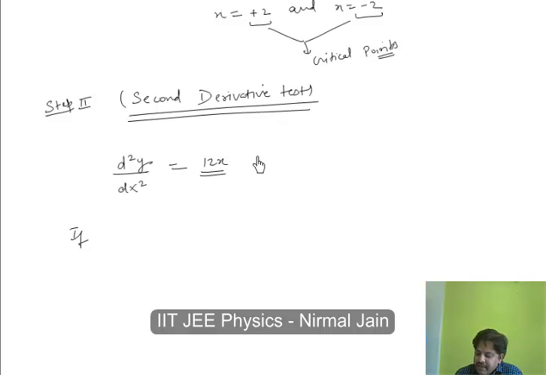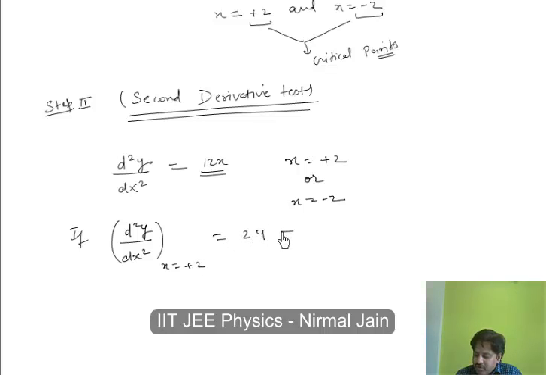So if I put the value of x as plus 2 or x as minus 2, then d2y by dx2 at x equal to plus 2 is equal to 24, which is positive.